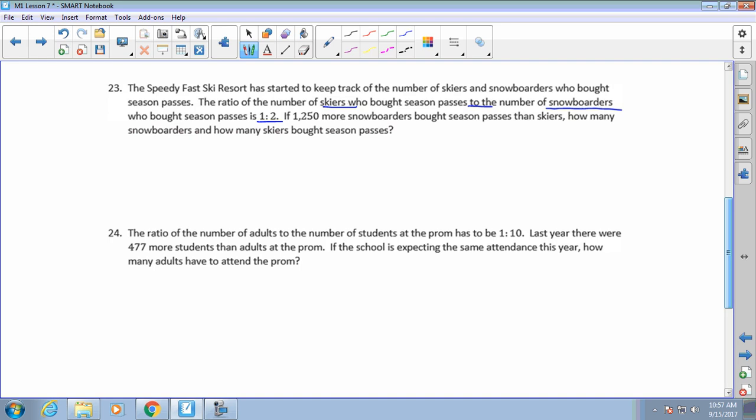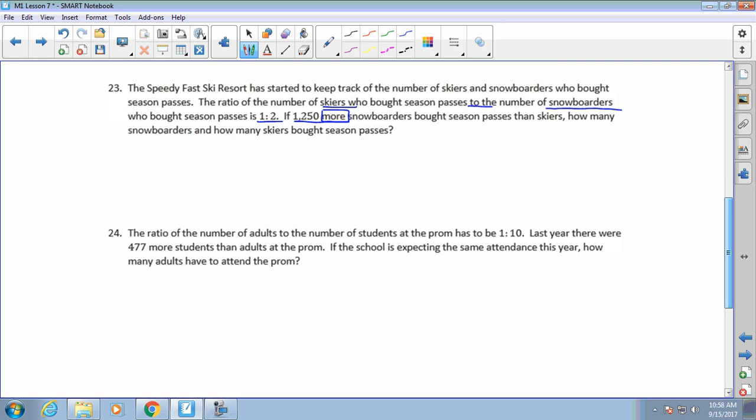It says if 1,250 more snowboarders bought season passes than skiers, how many snowboarders and how many skiers bought season passes? So we know there are 1,250 more. That word more right here is super important because, well, I'll explain that in a minute.